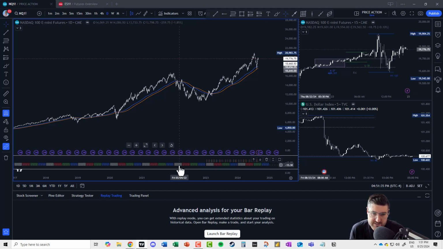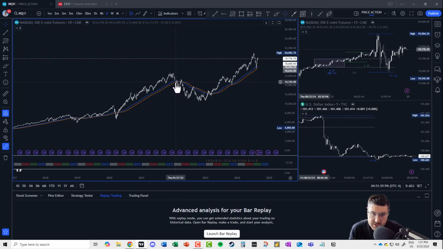Basically it's saying in this box we could accumulate, and within this box it chopped around, went back and forth, and towards the end of that box it fell off and came back to that same area. So we can't really expect a trend most of the time in this box.